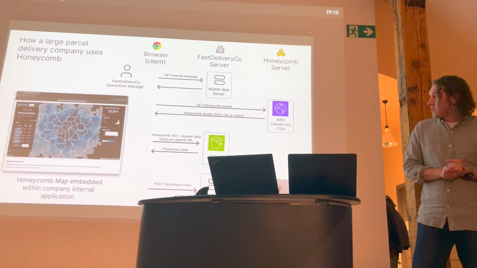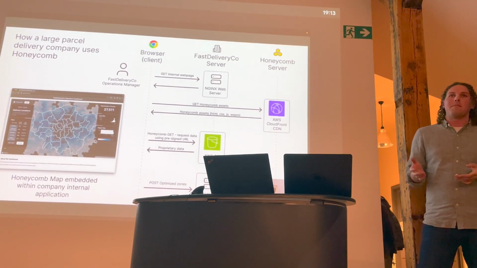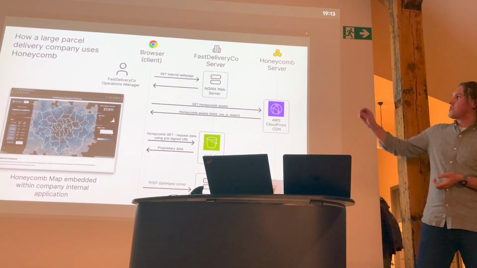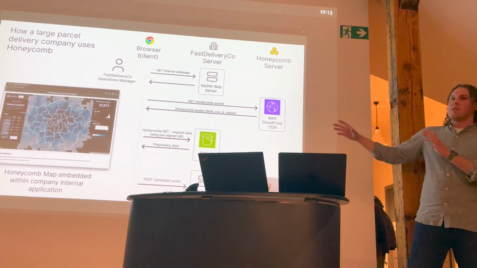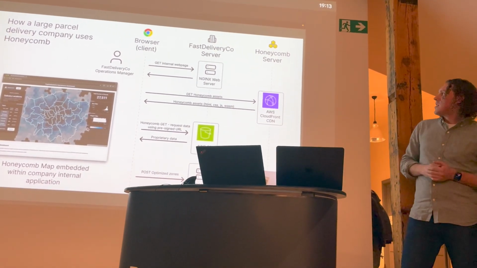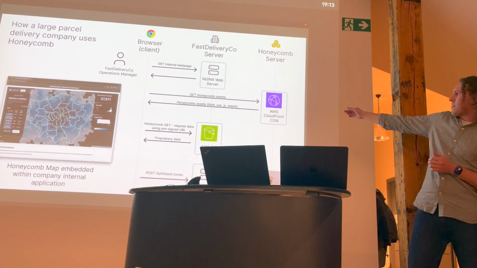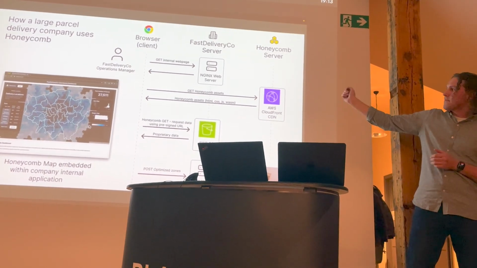So to make things a little bit more real, here's how a large parcel delivery company is using Honeycomb today. Their operations managers can log into an internal website where Honeycomb is embedded into an iframe. So the website loads, then the iframe loads, grabs the application from our CDN.